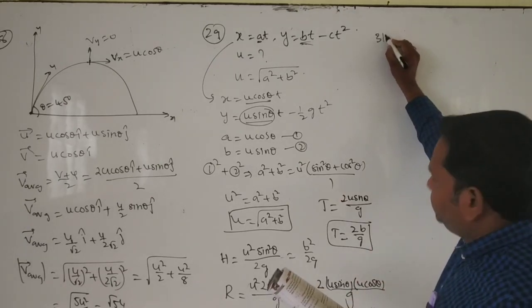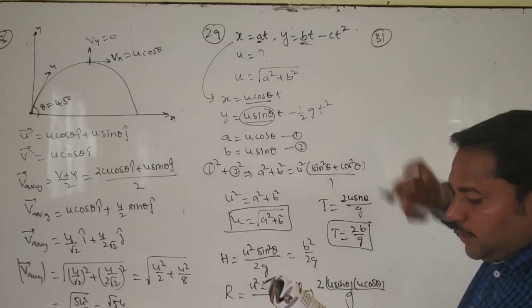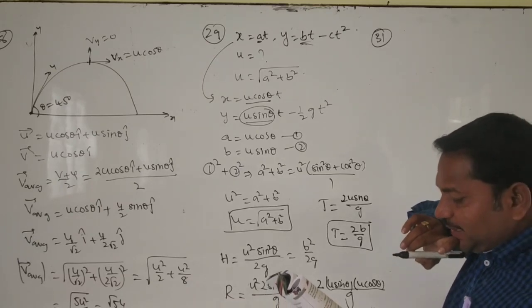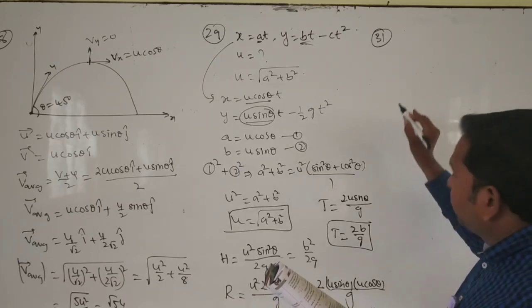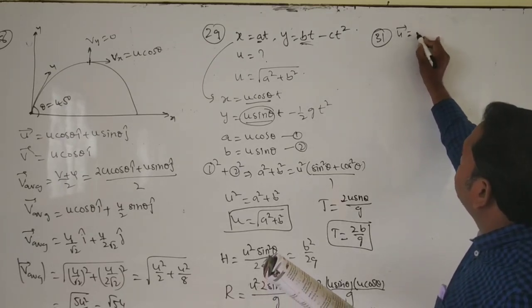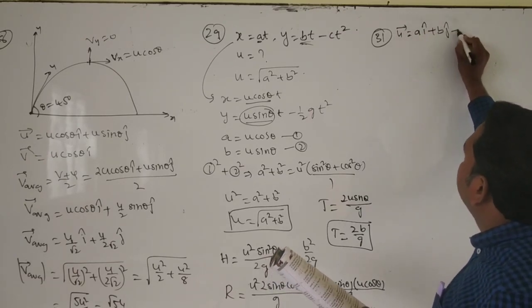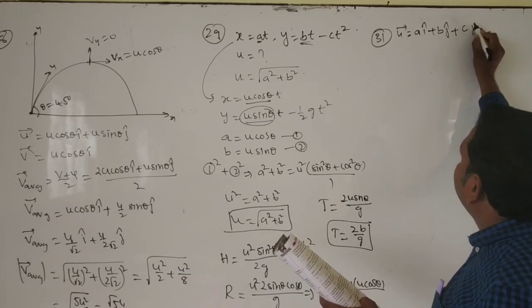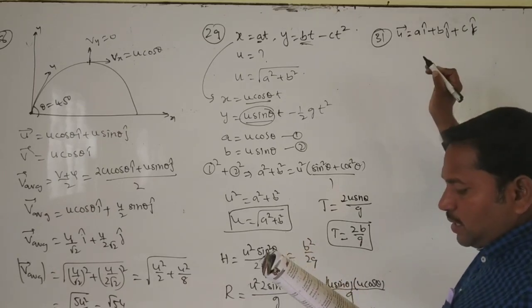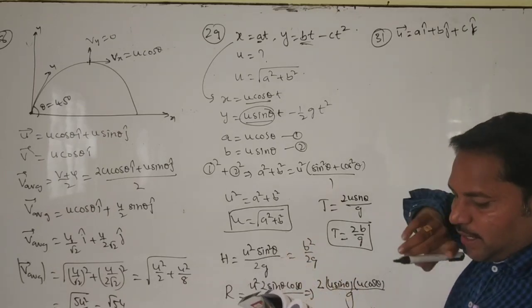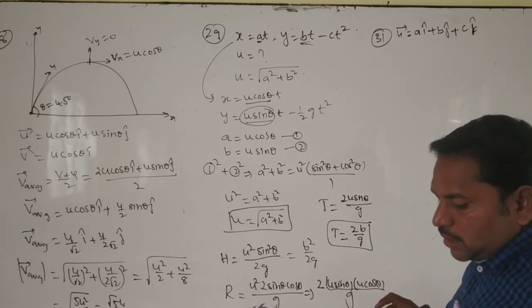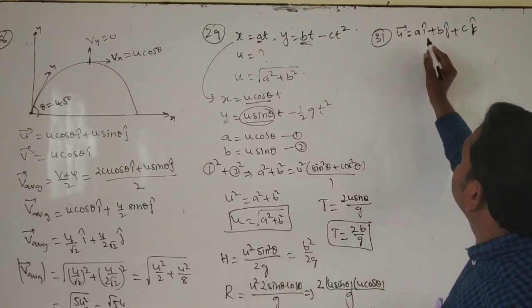Question 31. u bar equals a i cap plus b j cap plus c k cap. Then what are the components of velocity?